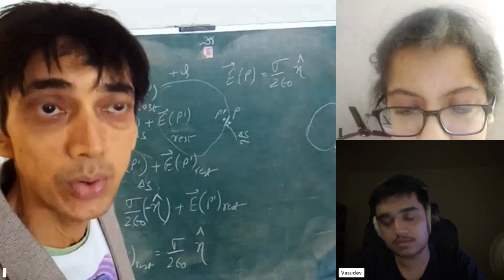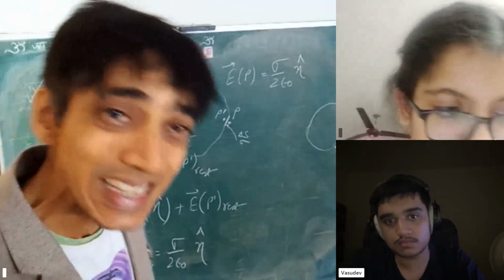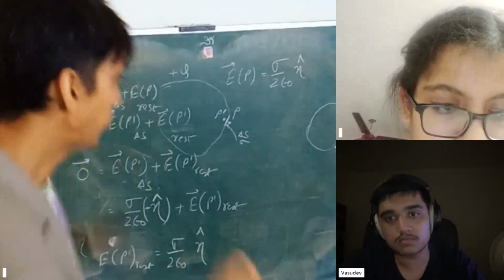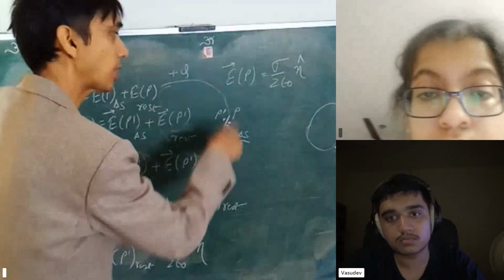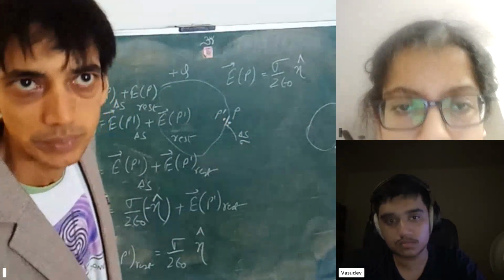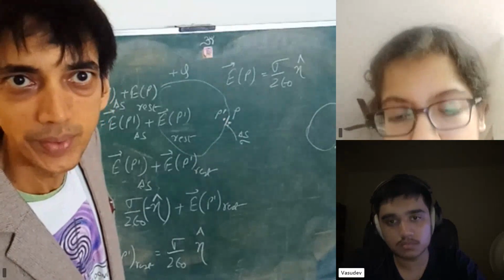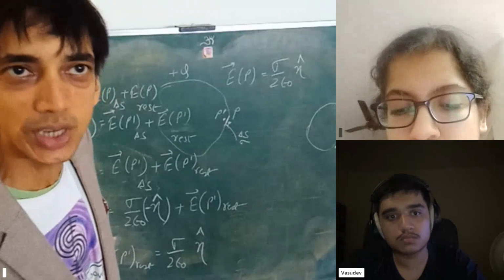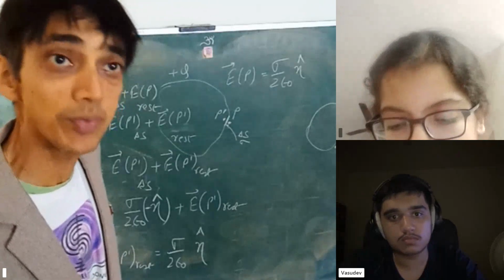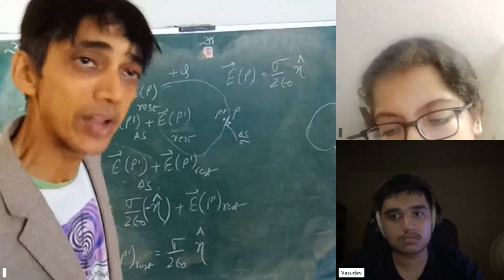E at P due to rest will be equal to E at P prime due to rest because delta S is the only distinction. If you remove delta S from the rest of the structure, P prime and P are the same. So for the rest of the structure, E at P prime produced by the rest of the structure will equate to E at P produced by the rest of the structure.